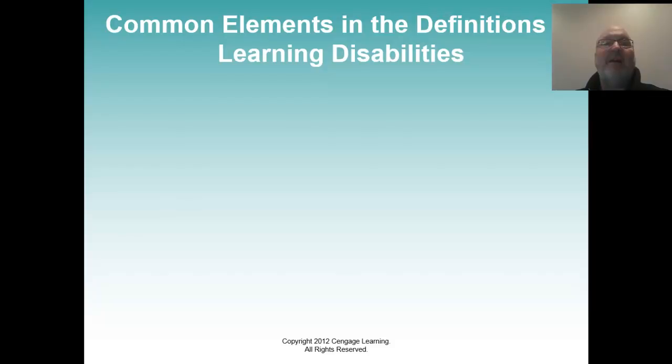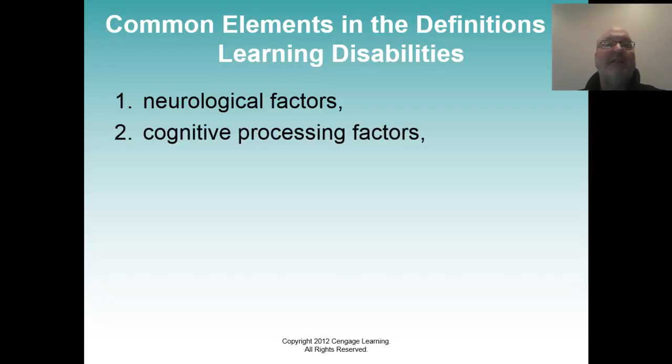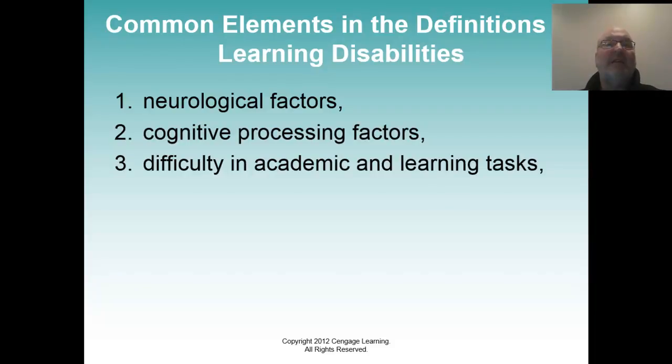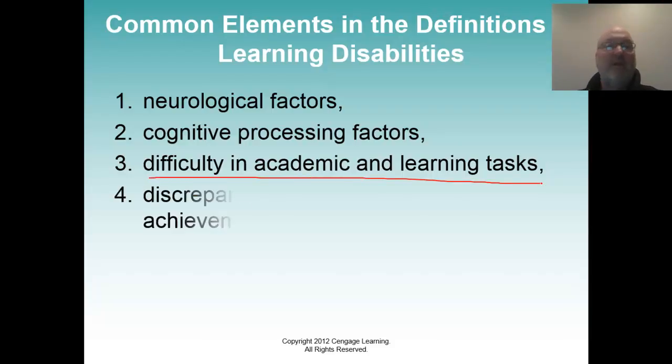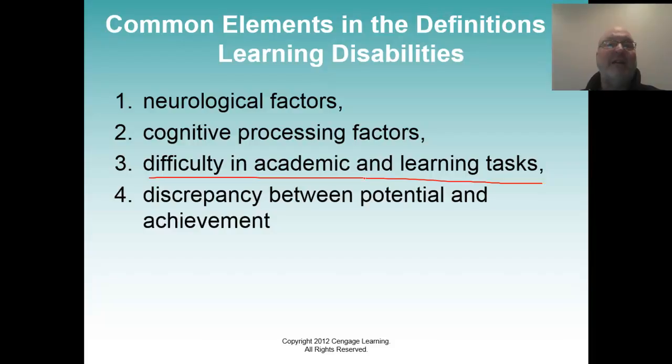So what are some common elements in the definition of learning disabilities? Well, one is neurological factors and cognitive processing factors. Okay. And again, none of this is new. The terminology may be a little off for you, but you know this. And here again is that discrepancy. So I want you to be able to answer this on the test, anything about the discrepancy model.